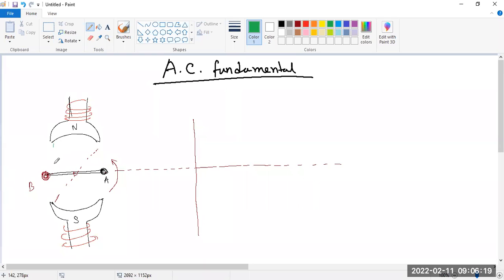Here this is the flux. We are taking only a few flux lines for your better convenience.